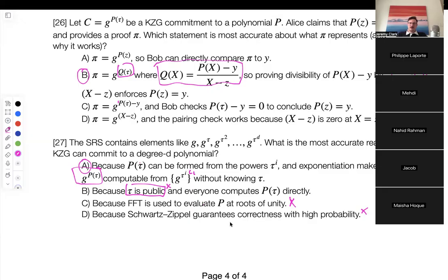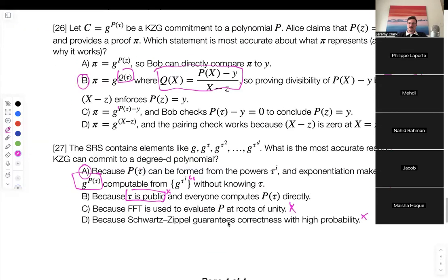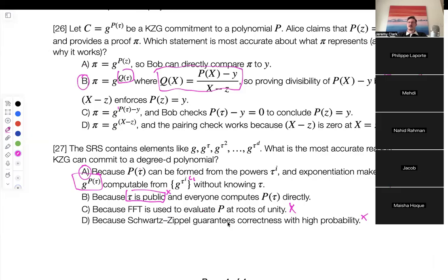Okay, so that's the last question. All right, now I'll just pause and take any questions that you might have, either in chat or you can just unmute and ask.